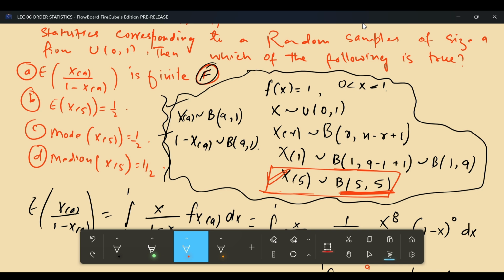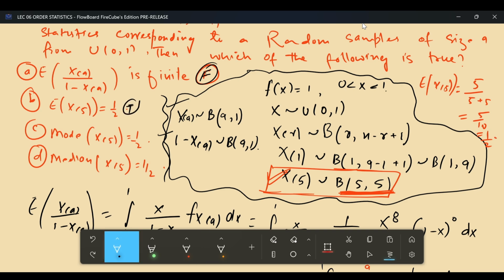So let's find the expectation of X5 only. What will be the expectation of X5? That is 5 upon 5 plus 5, that is 5 by 10, which is equal to 1 by 2. So this is our true statement, and this will also be true. So these three are true and this is false.